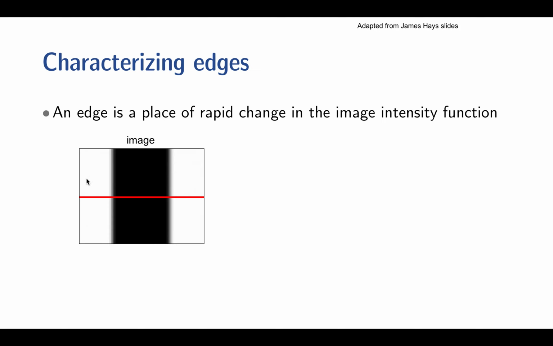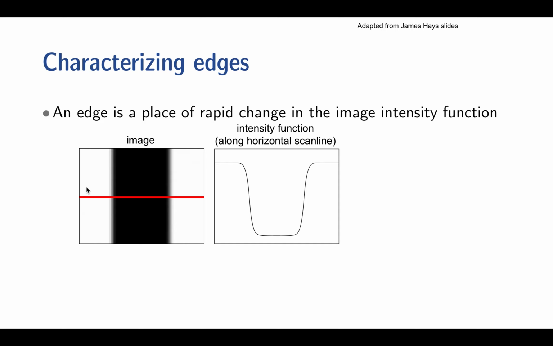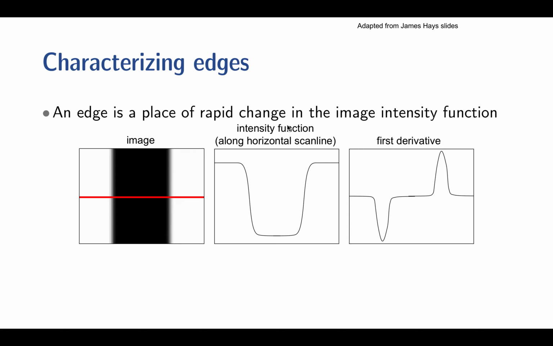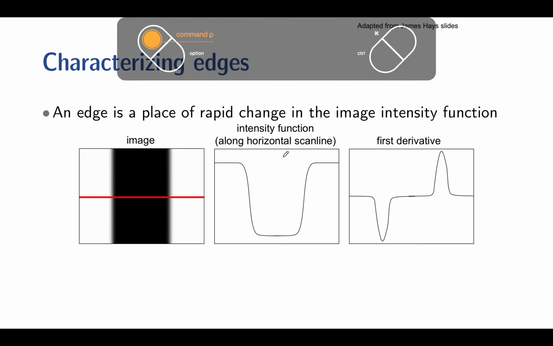Okay, so now I'm going to do this. I showed you what the derivative means as a discrete derivative, and I'm going to do this a bit more formally and introduce a few more concepts which are very important. So we understand that the edge is a place of rapid change of intensity function. Okay, so if I look along this line, the edge looks like this. In this ideal image that we have created, this is what the intensity function looks like. And if I differentiate this intensity function, well, what's going to happen?